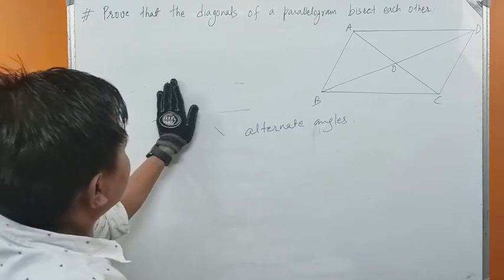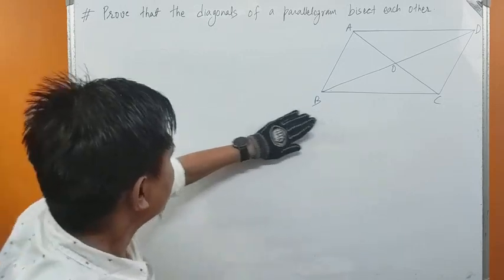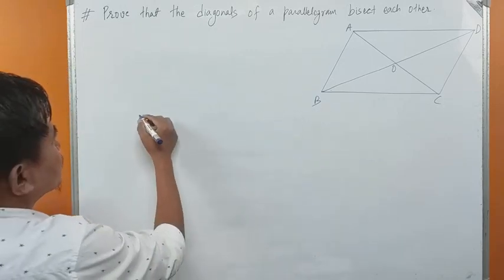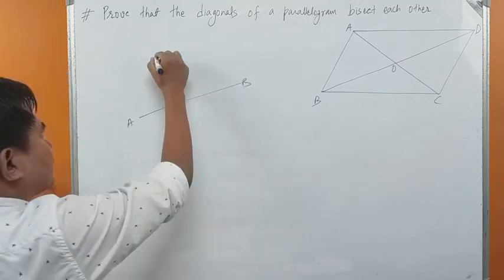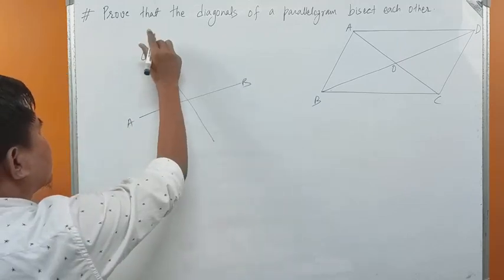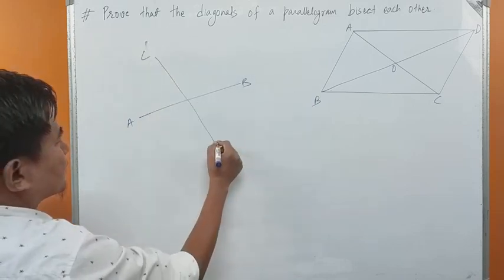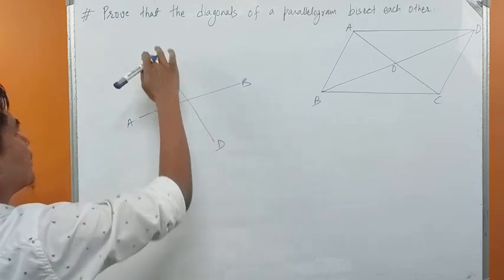Now suppose I have a straight line AB and another straight line CD. AB and CD intersect at this point.